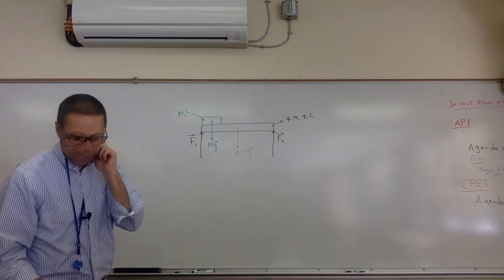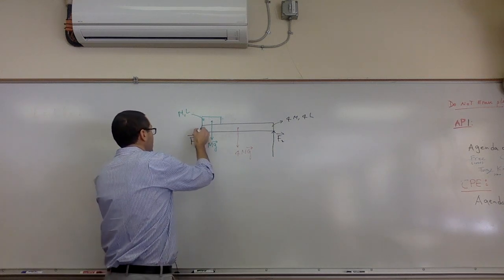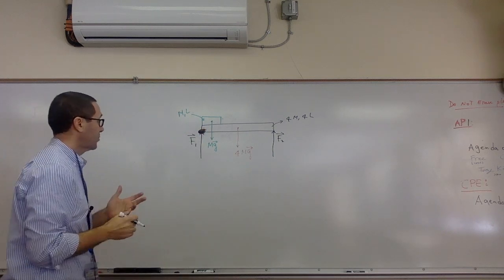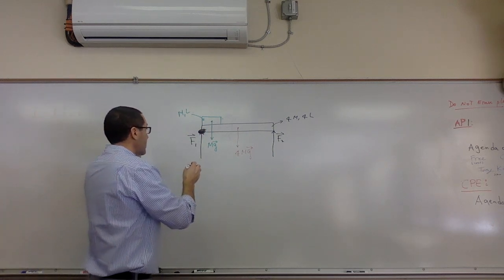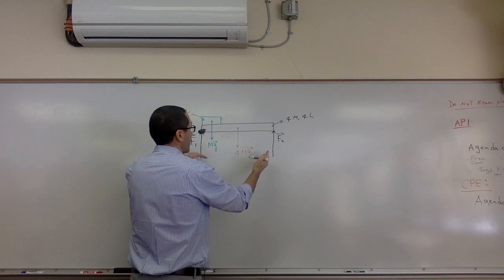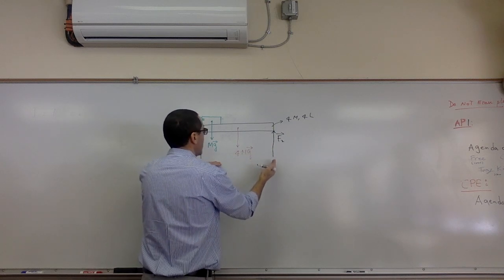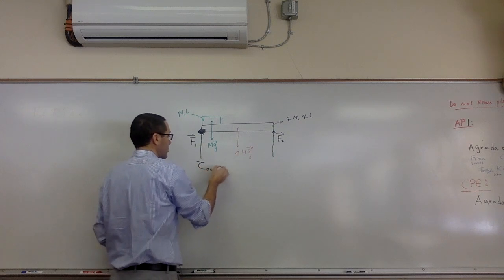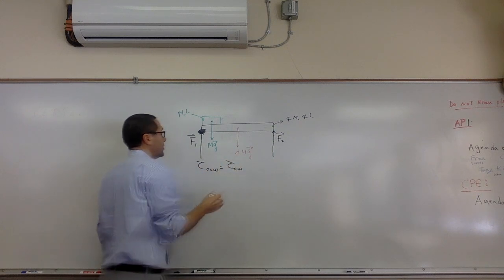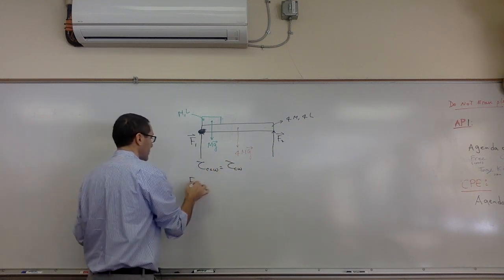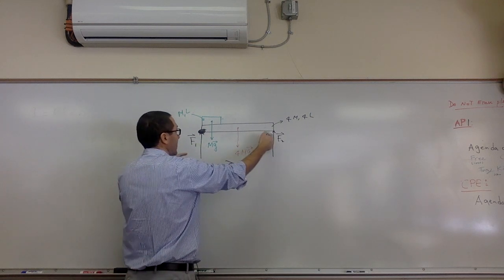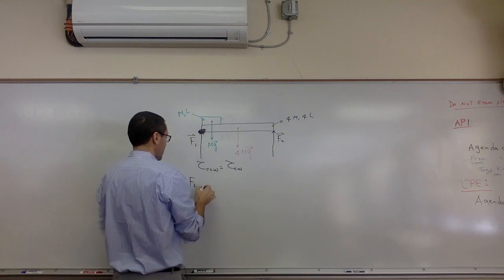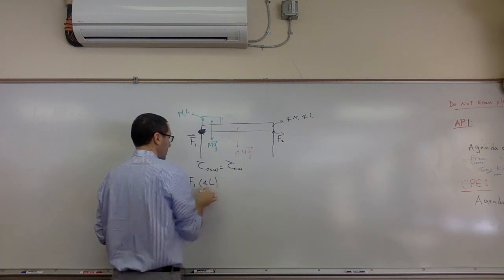Now let's do the same thing. I picked this point here as the axis of rotation, as the pivot point. So let's see what we get. If you notice, F2 is trying to provide a counterclockwise torque. So my counterclockwise torque equals my clockwise torque. F2 times, well, how far is the point of application of F2 from the axis of rotation? That should be just 4L.